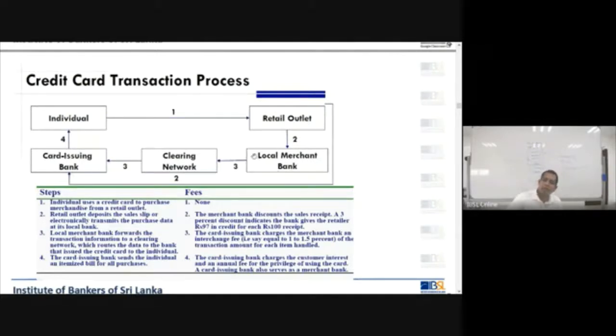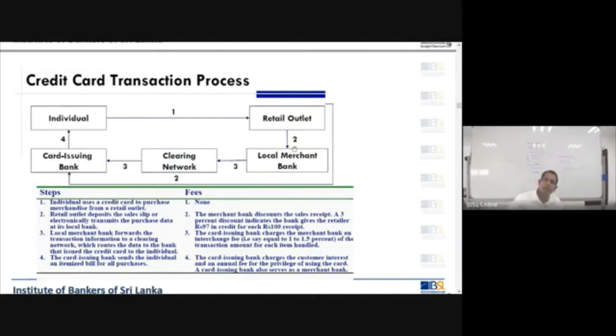If the POS machine is Sampath Bank or Bank of Ceylon, this bank will immediately credit House of Fashion 9,700 rupees. Now they have charged 300 rupees. So this goes through the clearing house, the clearing network, to the card issuing bank. The card issuing bank will reimburse the merchant bank, keeping a commission. Out of the 3% they earn, the merchant bank will get a share.